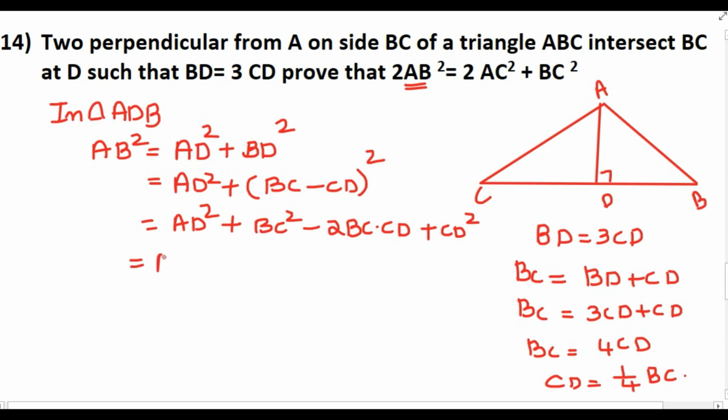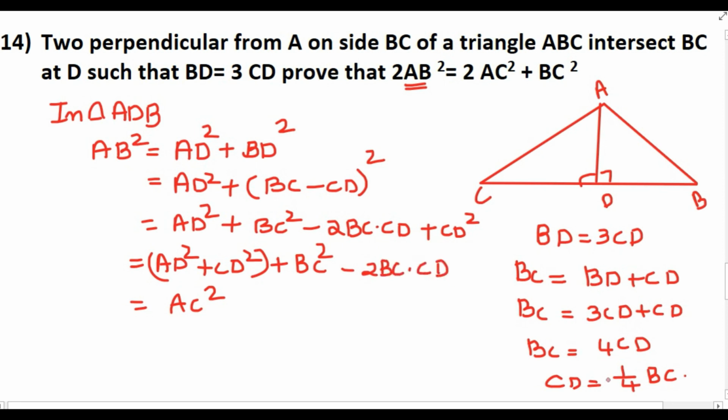Now the CD square and AD square I will write together. Why am I writing CD square and AD square together? Because I can replace both as AC square. So let it be together. Now the remaining BC square minus 2BC into CD. Now I am going to replace the CD as 1 by 4 BC.